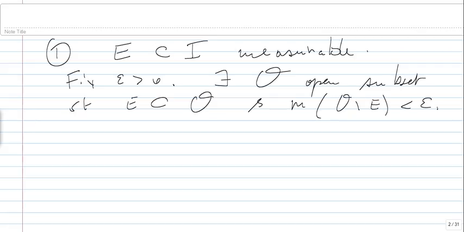I mean, we may have to do epsilon over 2, but again, as I always said, it doesn't matter. At the end, if you have 2 epsilon, it makes no difference whatsoever. So anyway, now what happens?